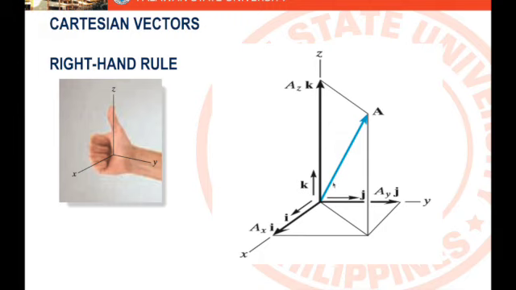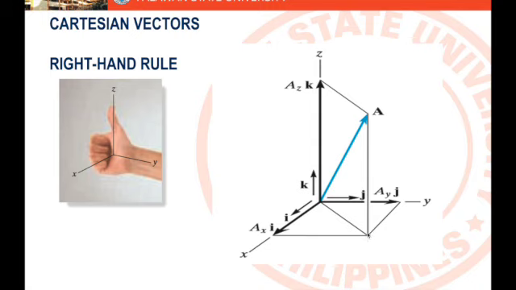This is the magnitude of the x component of A. Going along the x direction, we then go Ay units in the direction of the y-axis.